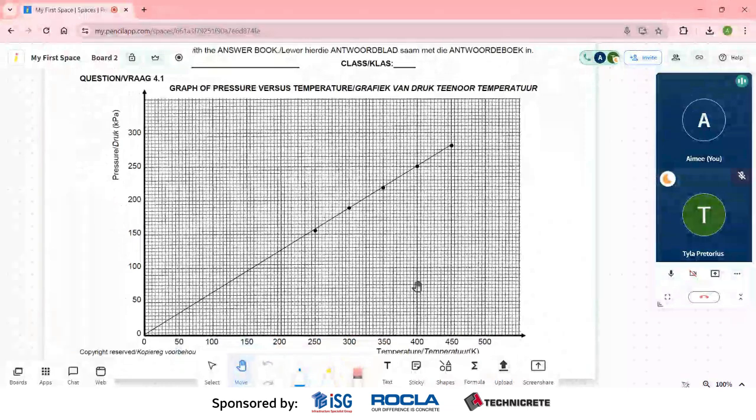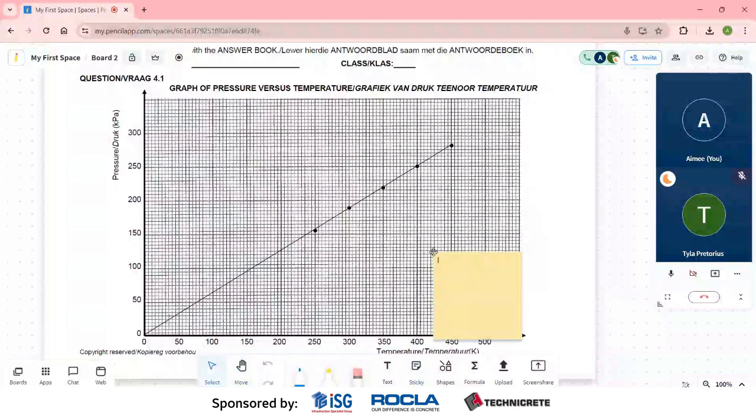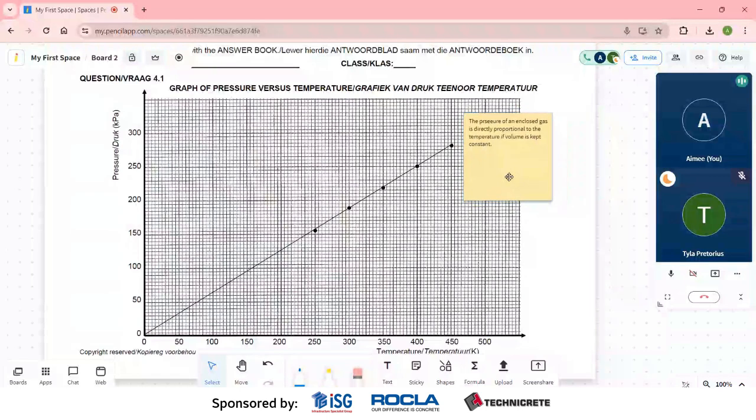And that's the conclusion you can make from this graph.